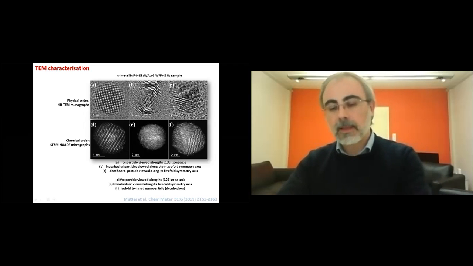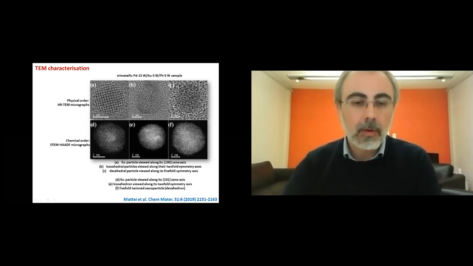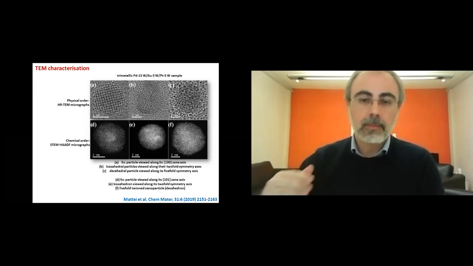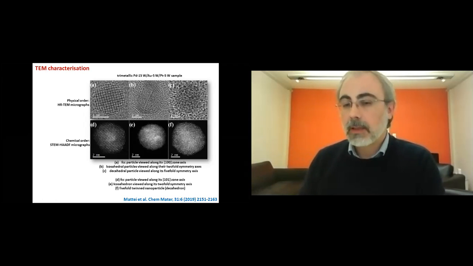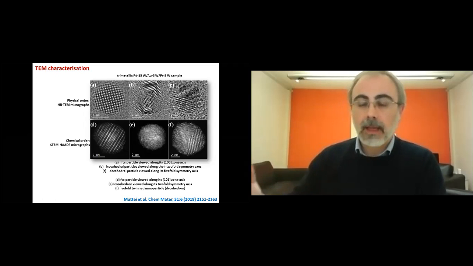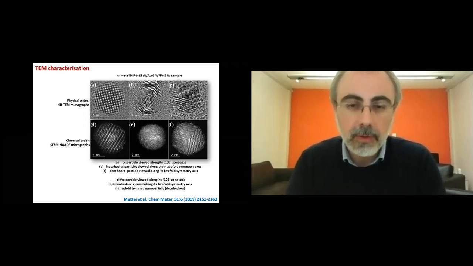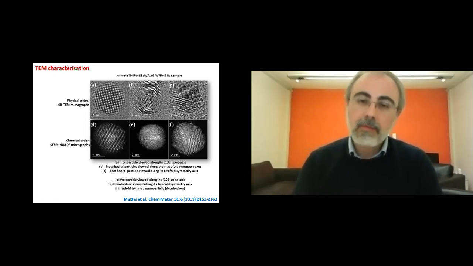Where we didn't get exactly full agreement was with the chemical ordering, because as you can see from the STEM HAADF micrographs on the bottom row, the particles were stuck in some non-favorable configuration. So they didn't manage to reach the favorable configuration as obtained by the Monte Carlo.